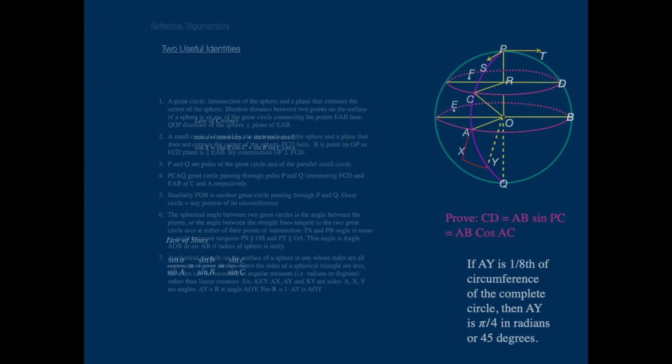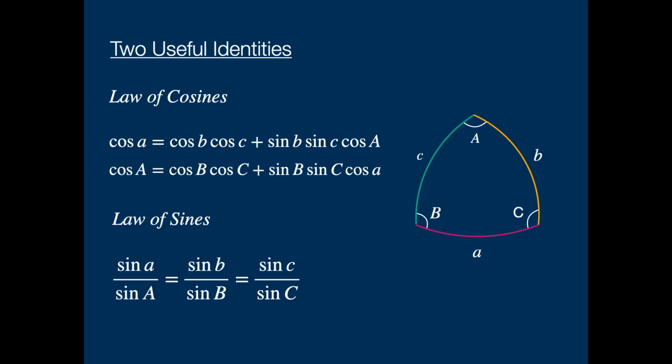Now there are two identities which are often useful because we want to relate the angles between the arcs and the arcs themselves. There are many identities, but there are two useful ones. First one is called the law of cosines, which basically relates the cosine of the arc with the cosines of the other arcs and the cosine of the angle of the vertex.